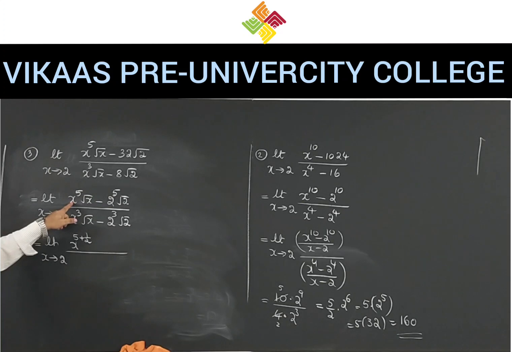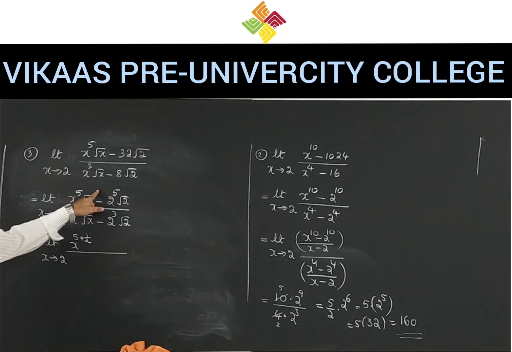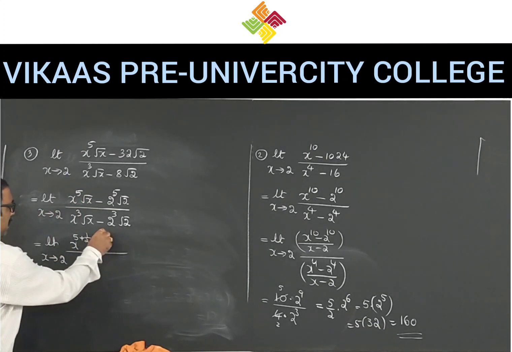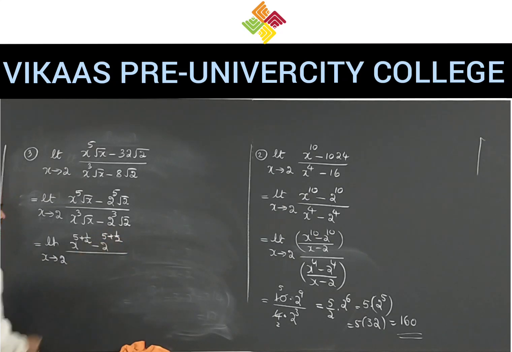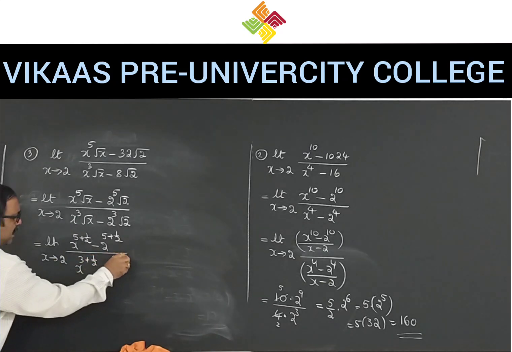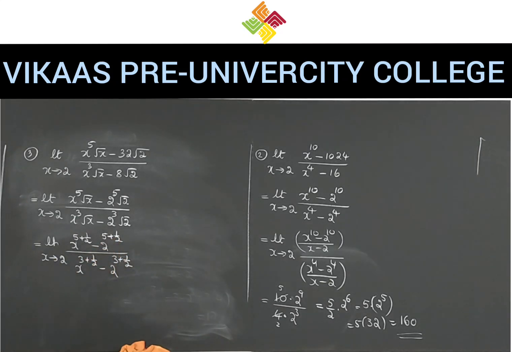Then x power m into x power n is x power m plus n. So x power 5 plus half minus 2 power 5 plus half, divided by x power 3 plus half minus 2 power 3 plus half.